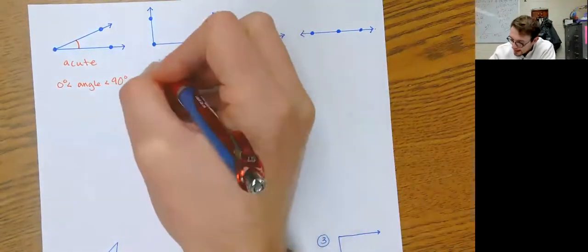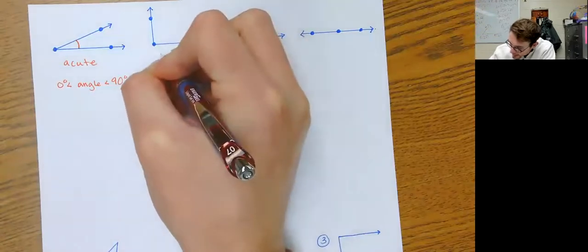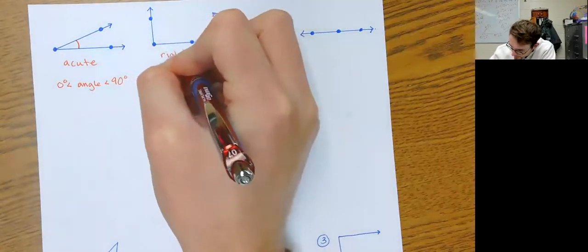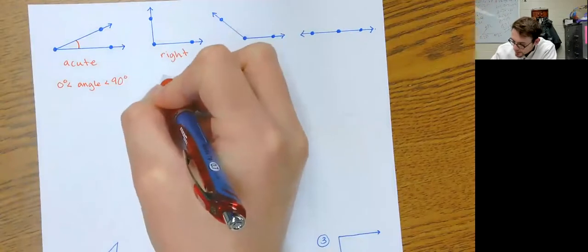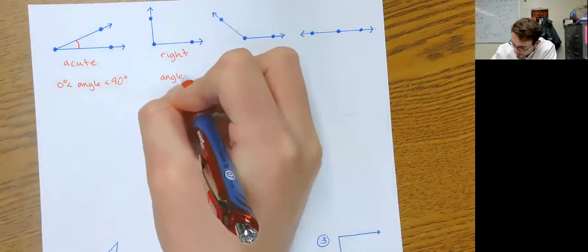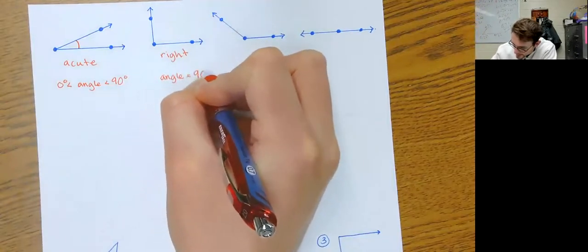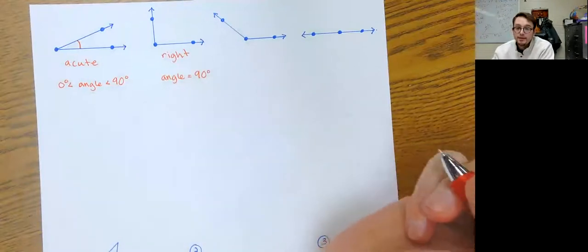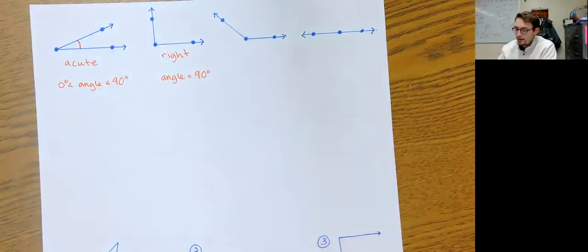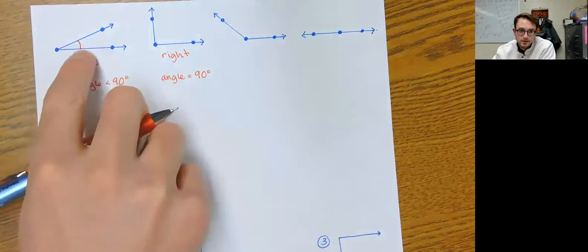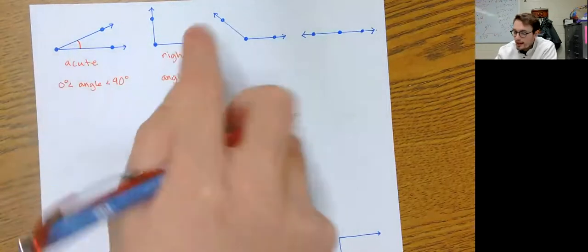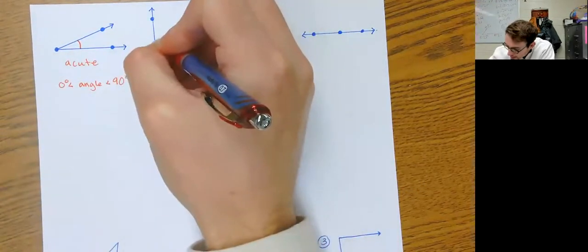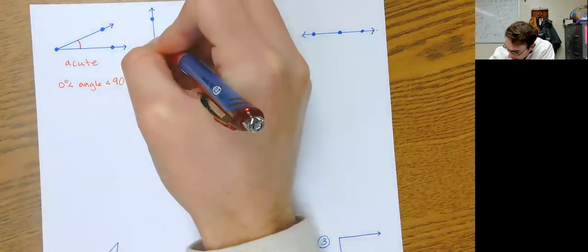The next kind of angle we have is a right angle. And that is when the angle equals 90 degrees. That's when it's a right angle, and instead of an arc to symbolize an angle, for a right angle we do a special symbol, which is a little square.